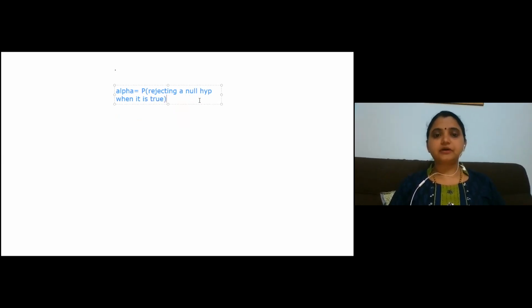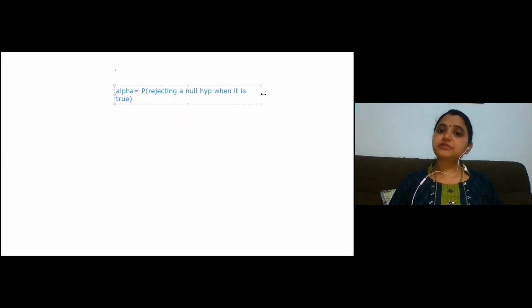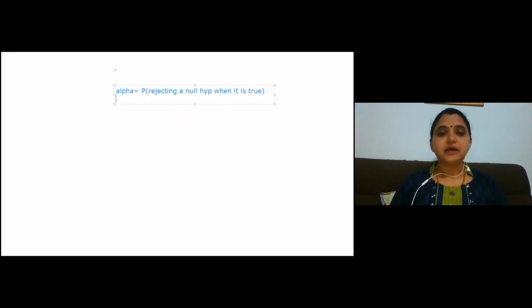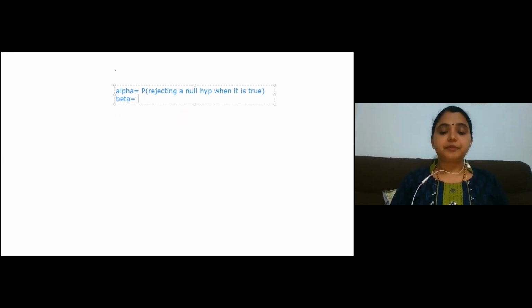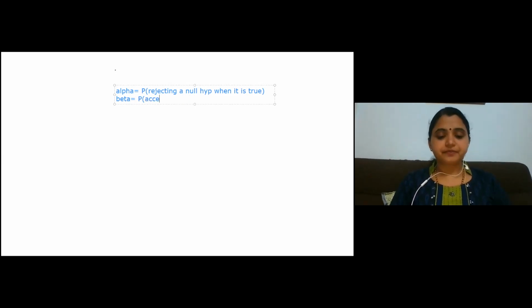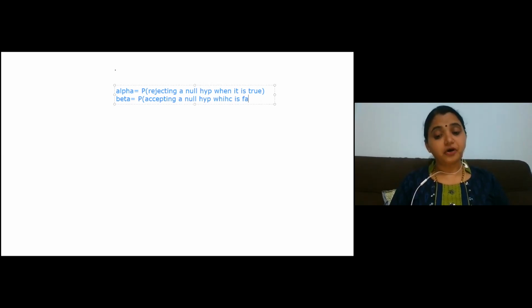That is what we call alpha, which we generally call the level of significance. Beta is the type 2 error, the probability of accepting a null hypothesis which is false.